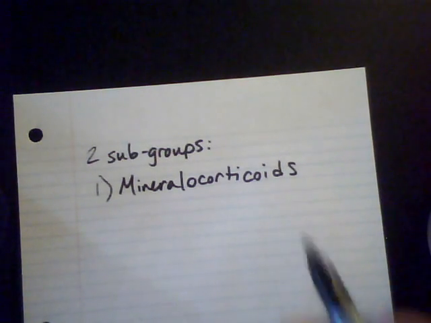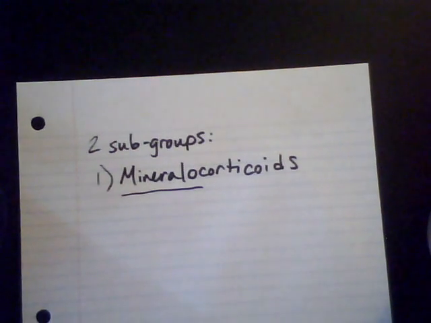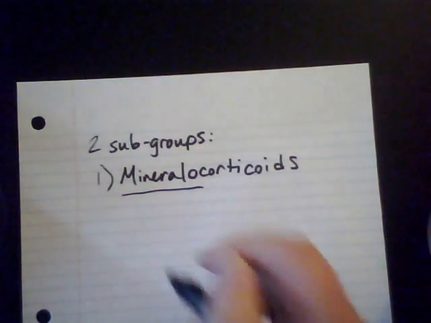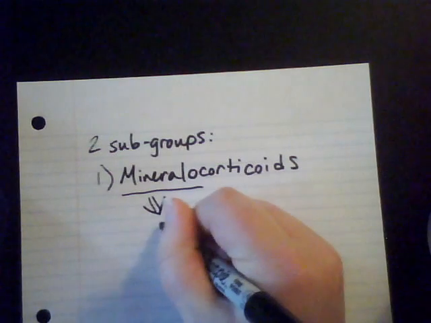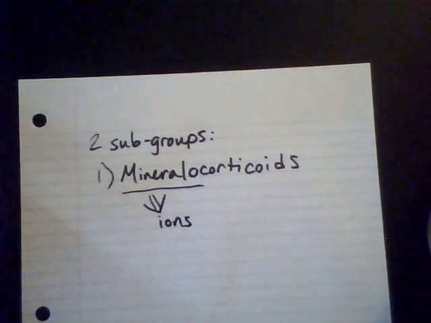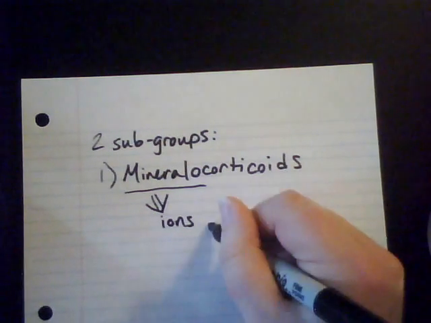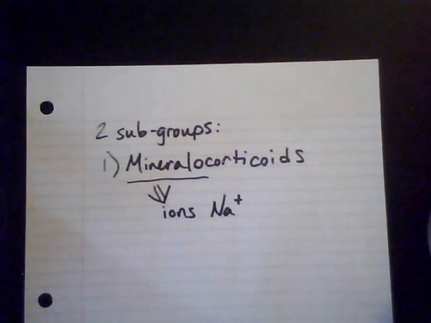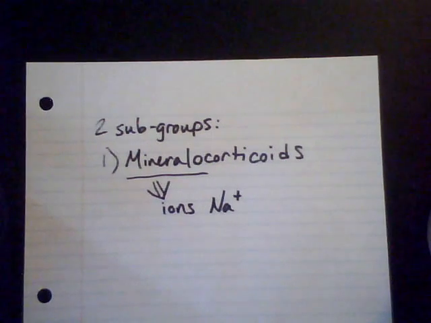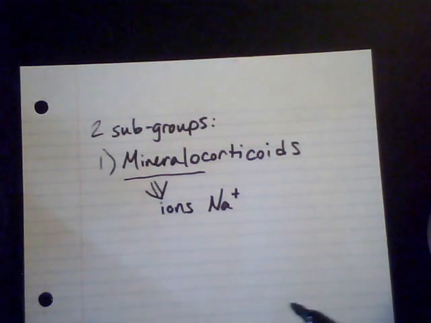Mineralocorticoids. So mineralo refers to the fact that we're messing with ions. So ions are kind of the name of the game with minerals. When we're talking about minerals in our bodies, we're usually talking about things like sodium or potassium or magnesium or calcium or any of the minerals in our body.